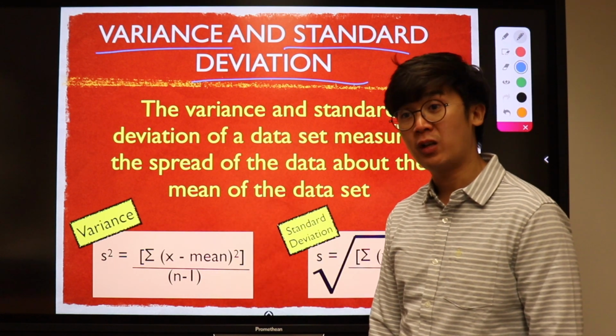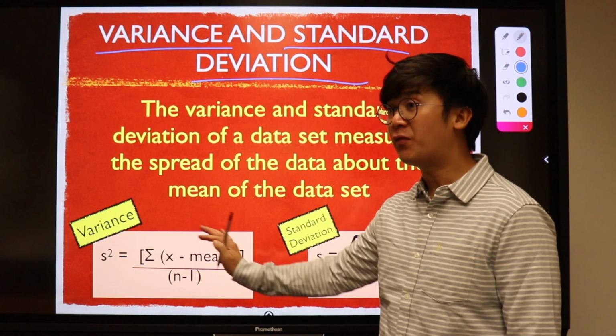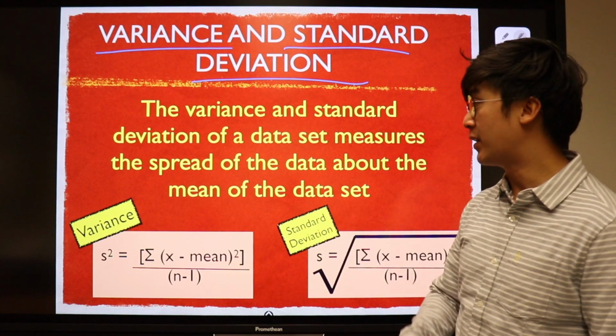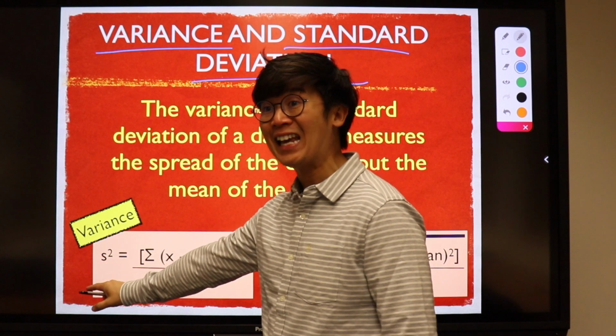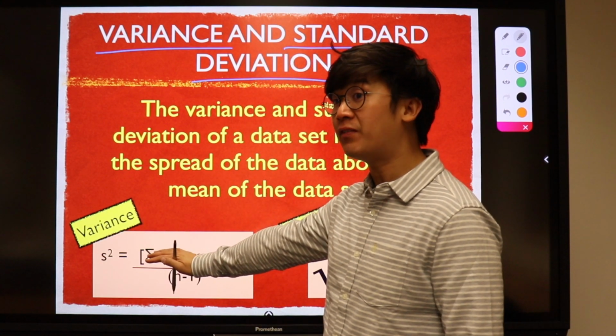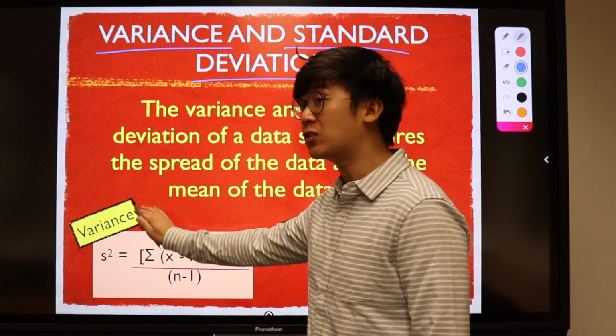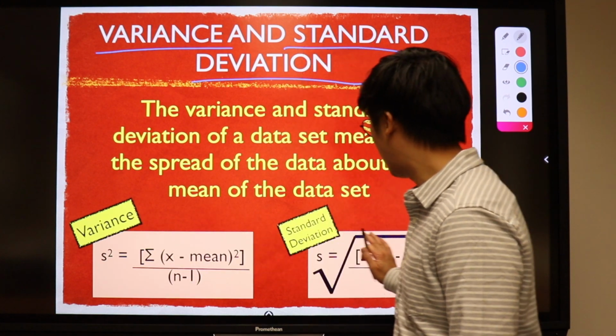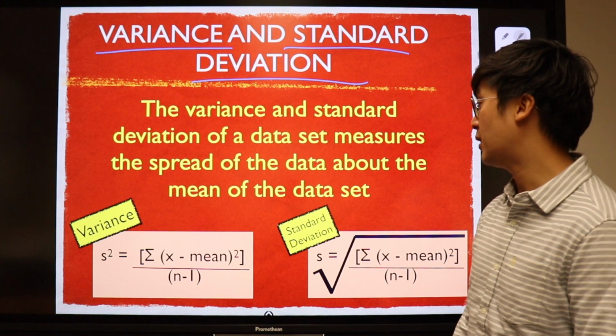Because we took the square root of it. So that's the difference between the variance and the standard deviation. The variance, which is s squared, is given by this formula. And to find the standard deviation of your data set, you just need to take the square root of your variance so you can find its standard deviation.